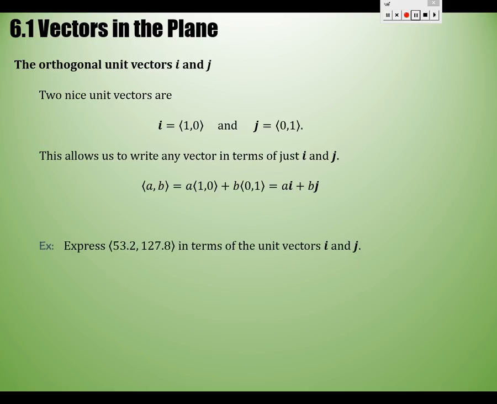This follow-up question is not meant to be difficult then. Is it clear from what I mean by, if you have some vector, any vector, something comma something, that you can write this way in terms of the unit vectors, knowing what we know about scalar multiplication and about vector addition?